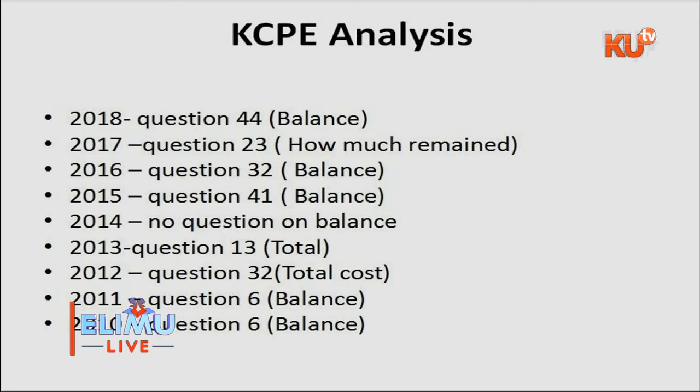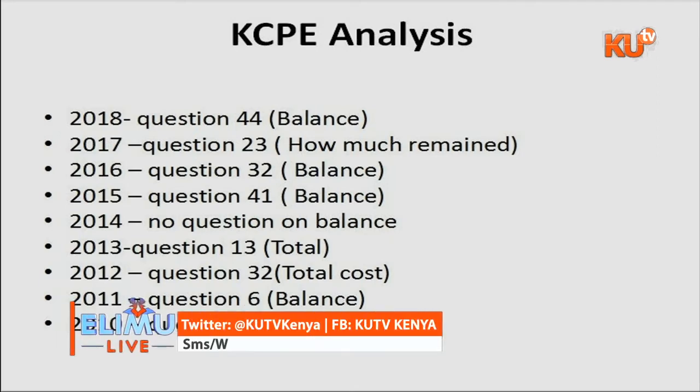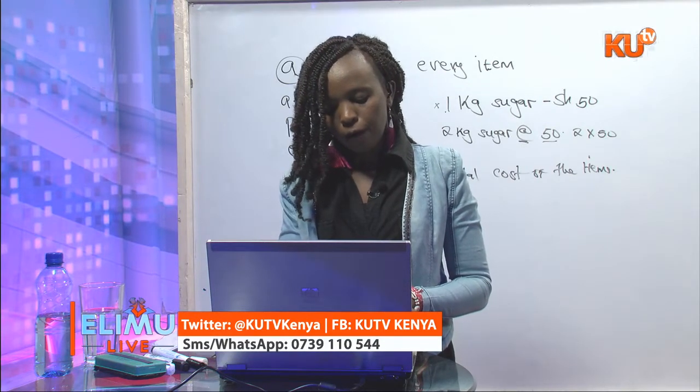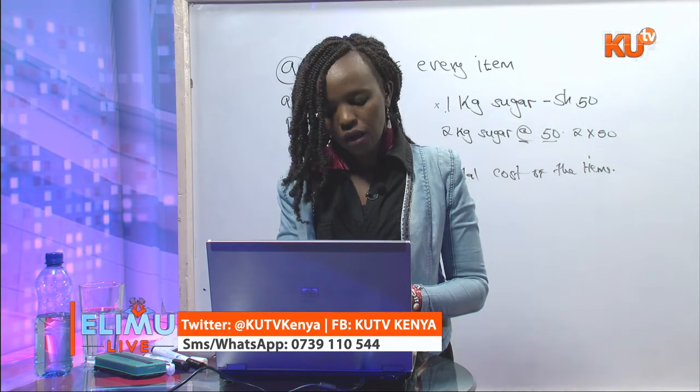2013, question number 13, they wanted the total cost. That is, they were supposed to prepare bills, and then you give the total cost of whatever was purchased. 2012, question number 32 was also testing on the total cost. 2011, question number 6, the examiner tested balance. 2010, question number 6, the same question was also asking balance.